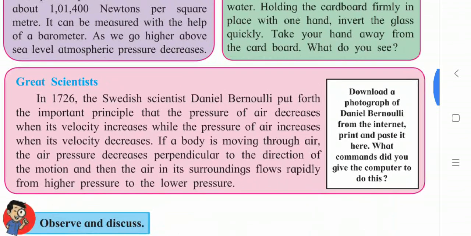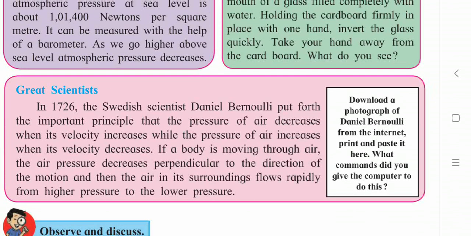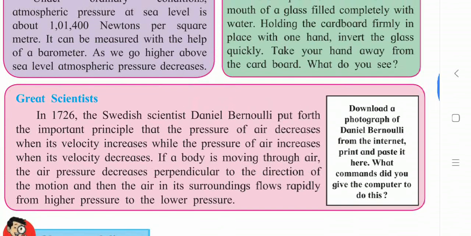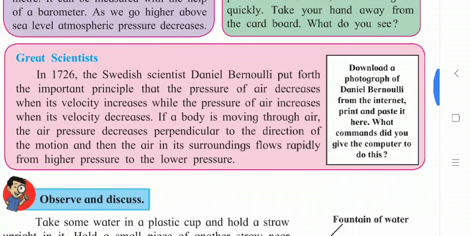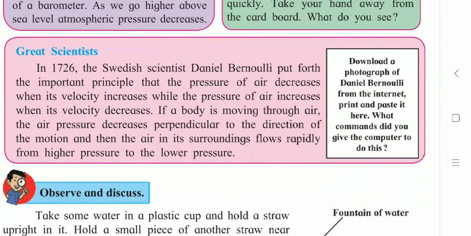So this scientist worked on this in 1726, and the principle of air pressure is still utilized in a lot of places. So it is clear through the various examples that if a body is moving through air, the air pressure decreases perpendicular to the direction of the motion, and then the air in its surroundings flows rapidly from higher pressure to lower pressure.